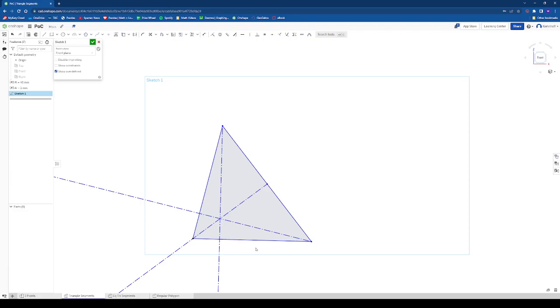It lets us find areas, but we don't call it a height because there's 3 of them, and not all of them are always vertical. So height is kind of a lower level word. The technical term for this is an altitude. So it means that if you're going from a flat side straight up, that's the height of it. It doesn't matter whether that flat side is horizontal or not.